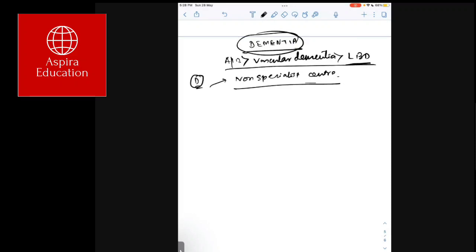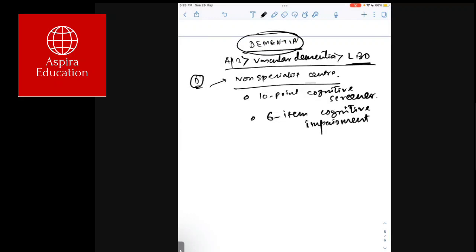These scales are either the 10-point cognitive screener, values you need not remember, or the 6-item cognitive impairment test. Values are not needed. You do not have to diagnose from this. Just remember this because they can ask you where they are used.